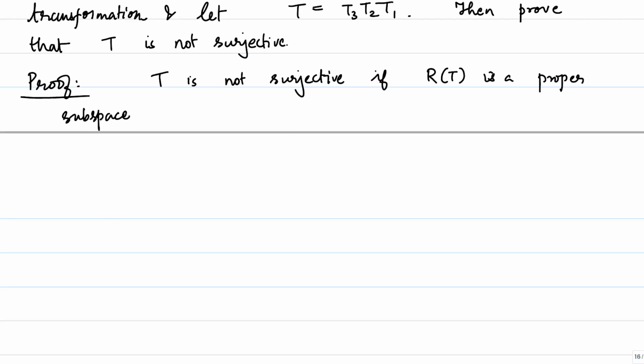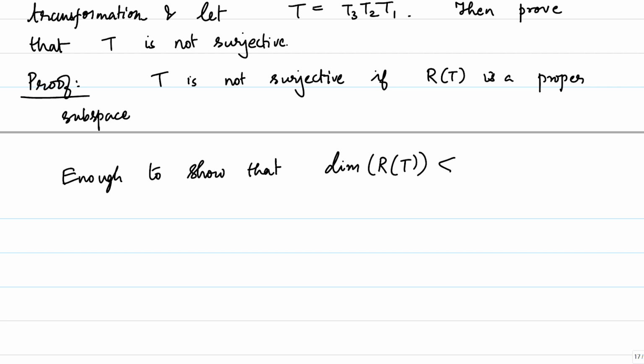And only if the dimension is smaller will it be a proper subspace. So it's enough to show that the dimension of R of T is strictly less than the dimension of, what is the codomain of T? V4.